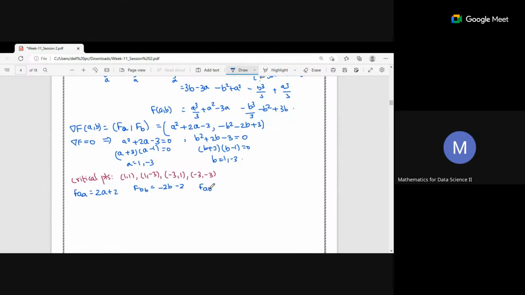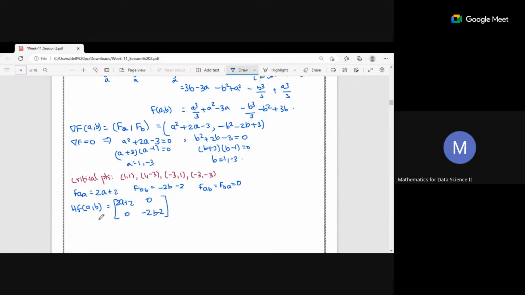And f_ab or f_ba both are 0. Okay, so your Hessian matrix is [2a plus 2, 0; 0, minus 2b minus 2]. So this is your Hessian matrix.